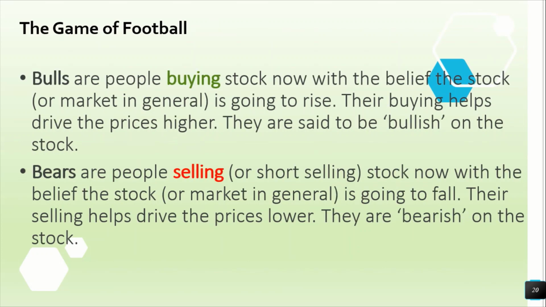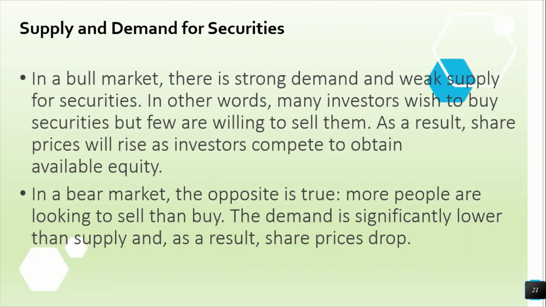Speaking of football, but before that, pag-usapan naman natin yung supply and demand ng securities at bakit, how come it's very important that we know how to distinguish a bullish market from a bearish market, and why is it related to the supply and demand for securities.